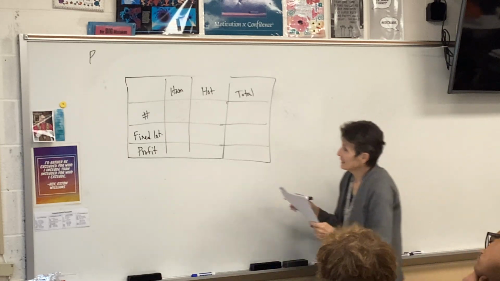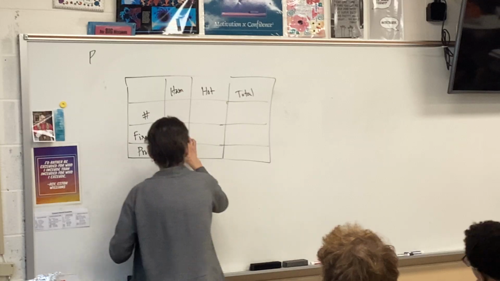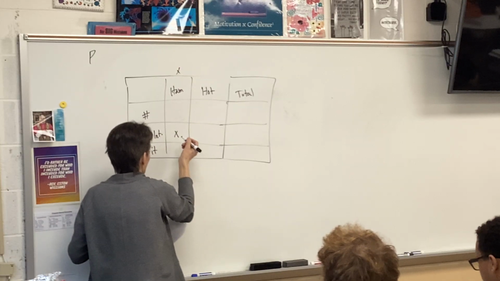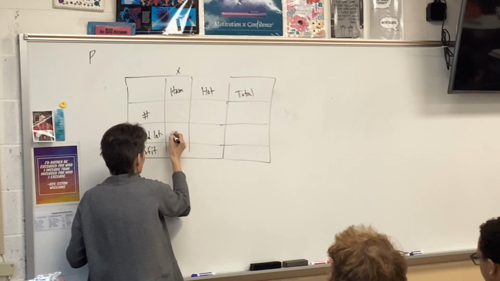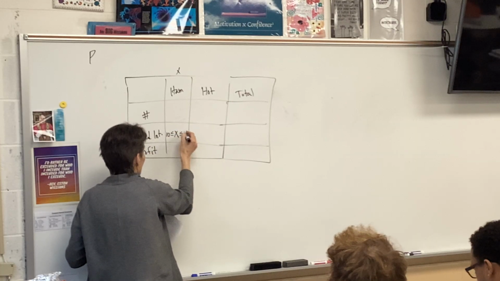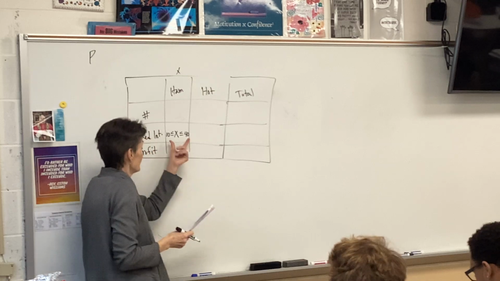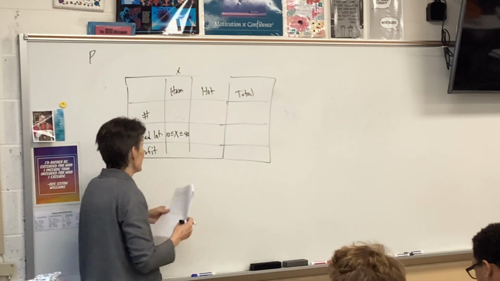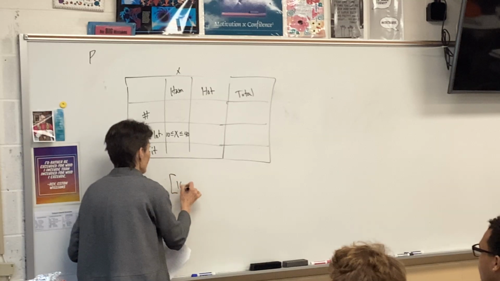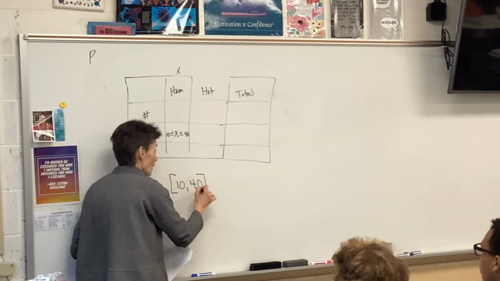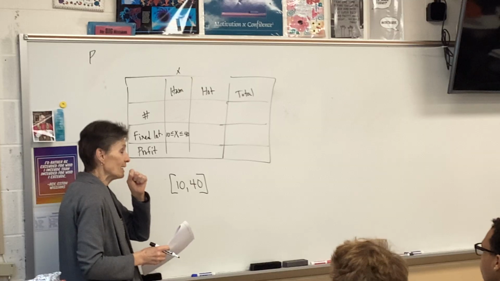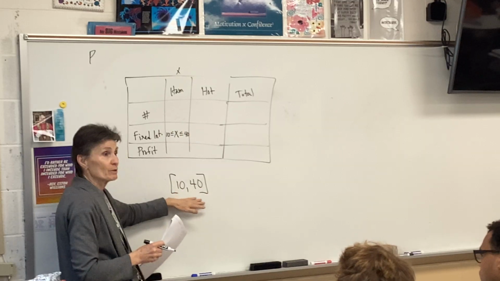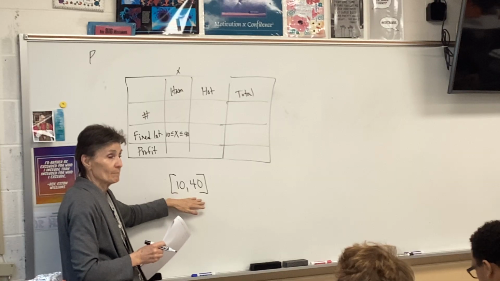So the way we write that is, if we let X be the hamburgers, then X is going to be between 10 and 40. An interval. Another way of writing that would be with your brackets, if you wanted to write it that way. That tells you that however many hamburgers you sell, it has to be between 10 and 40.